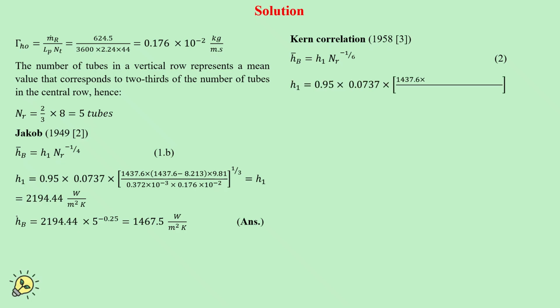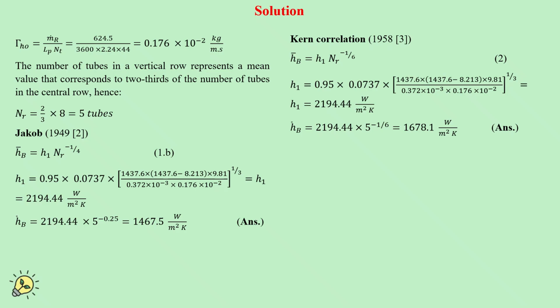Then we have h1 equal to 2194.44 watt per meter square Kelvin, and h as a mean value is equal to 1678.1 watt per meter square Kelvin. Of course, here we have N_R to the power minus 1 over 6.